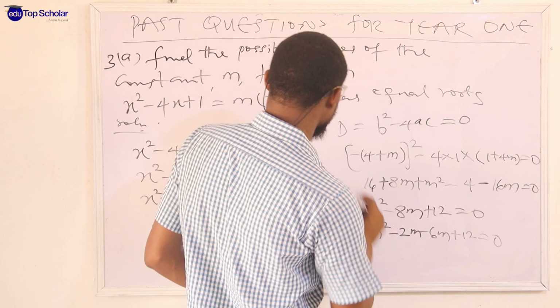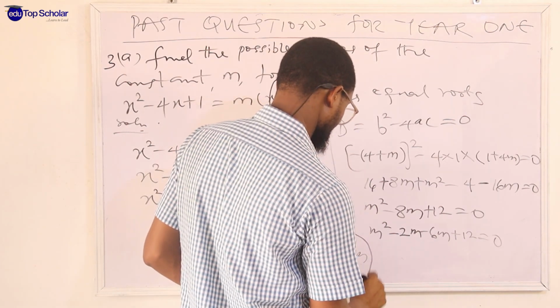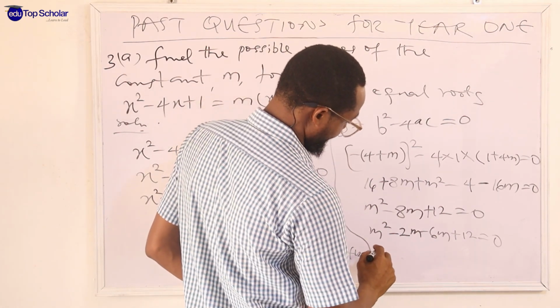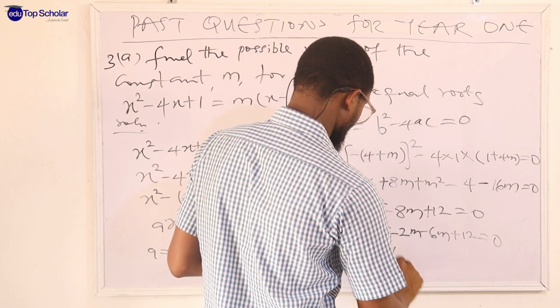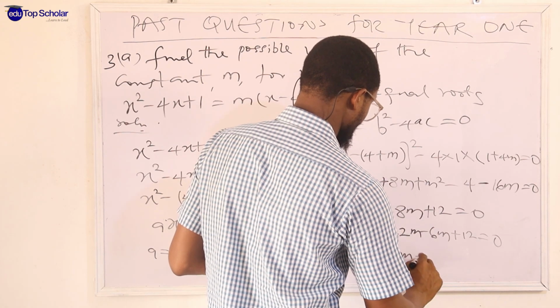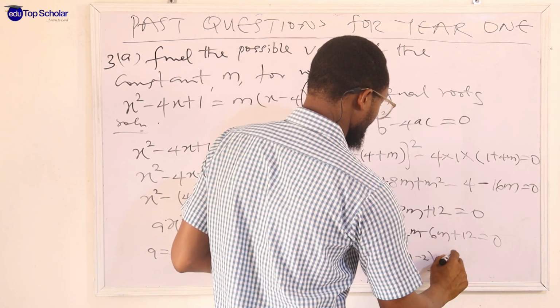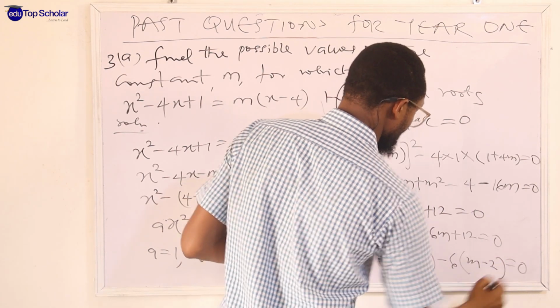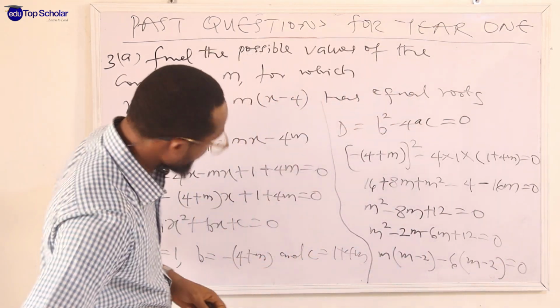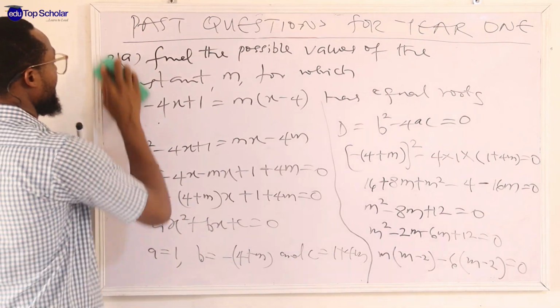Now if we factor m here, we are left with m minus 2. By the time we factor minus 6 here, we are left with m minus 2 also. All of this equals 0.